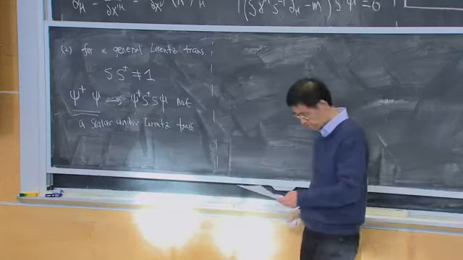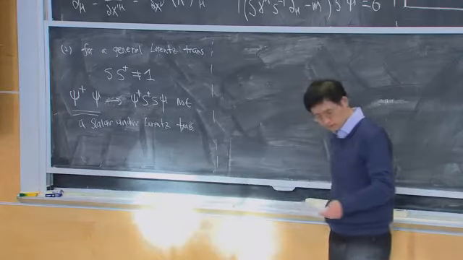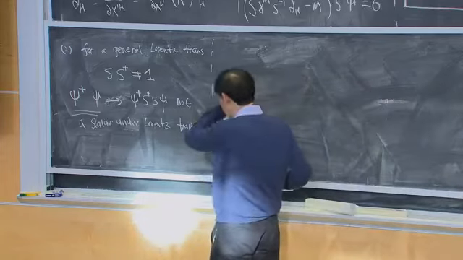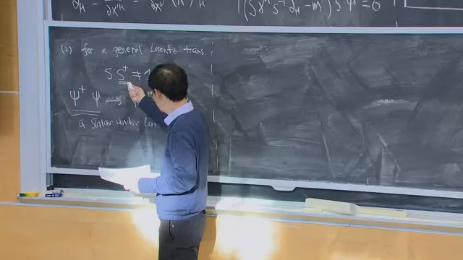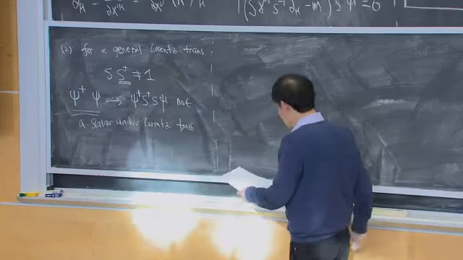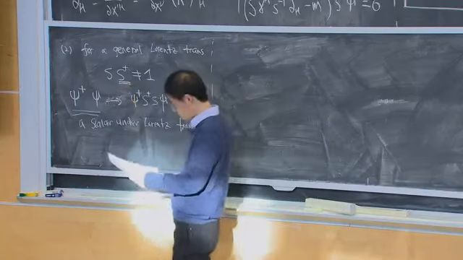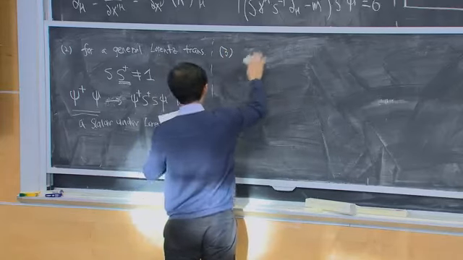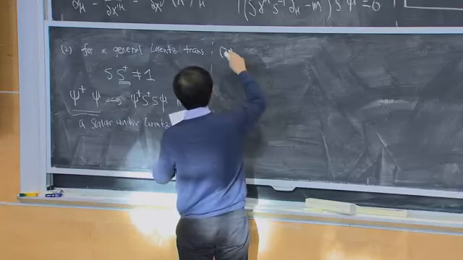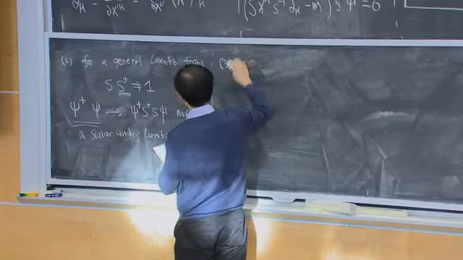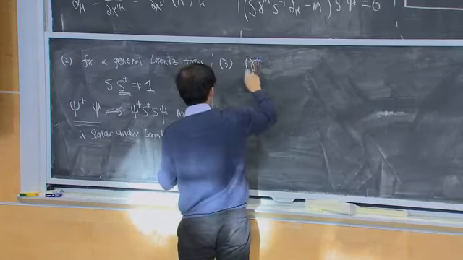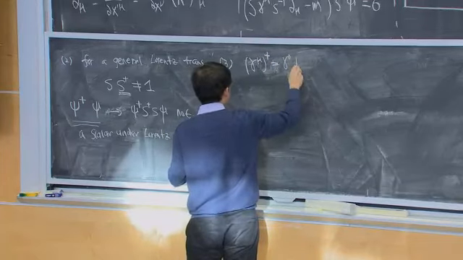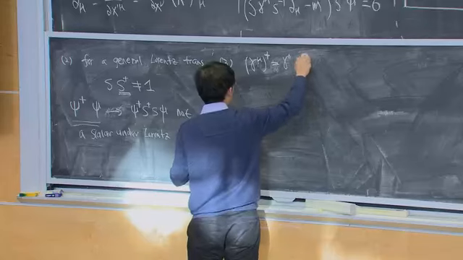To do that, we can get some hint from the following identity. Let's look at what this S dagger really is, and look at its properties. Recall, I think I erased it, so let me write it again: gamma mu dagger equals gamma 0 gamma mu gamma 0.